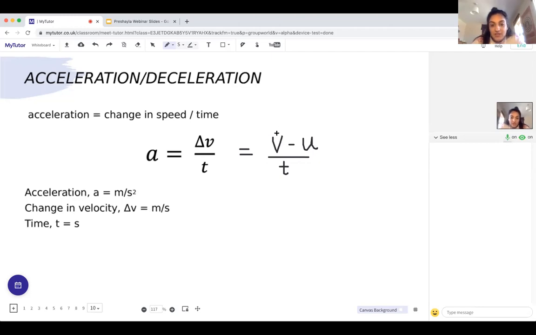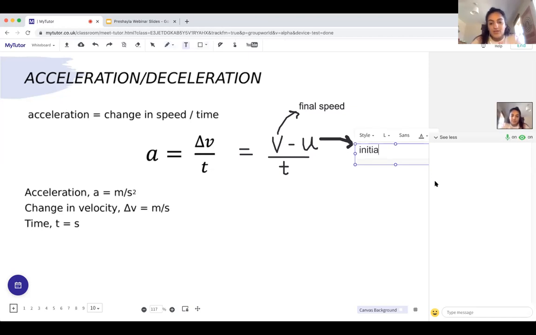So final speed is V, and initial speed is denoted by a U, just because we couldn't use V for both. So final speed minus initial speed gives us this change in speed. Then we divide it by time.